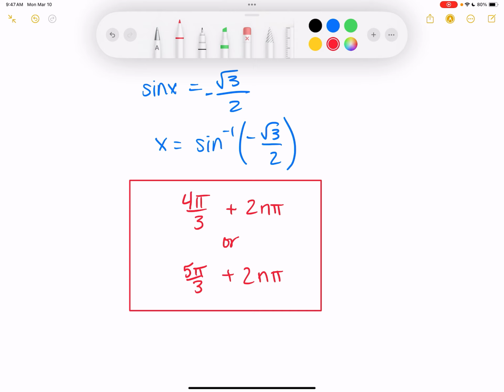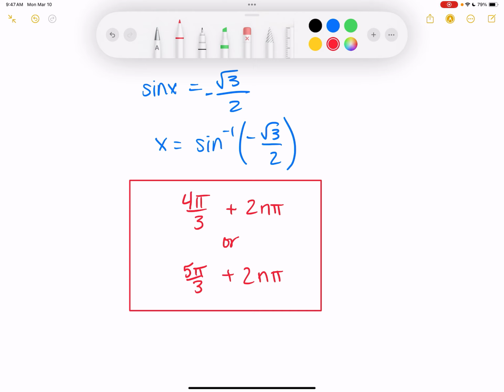So, a lot of these problems will have 2 answers. Some may have 4. Some may only have 1. So, make sure you're looking, is there anywhere else on my unit circle that it meets these values, as I'm going one time around. Then after that, it's adding the 2 pi n for the general solution.